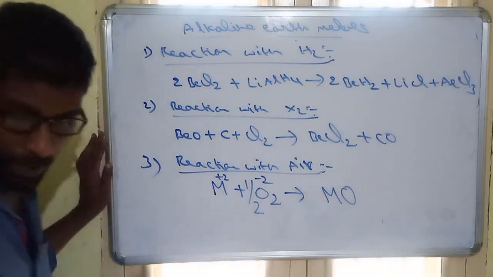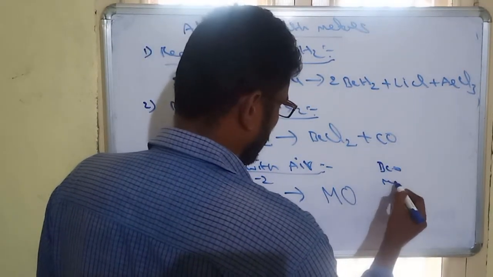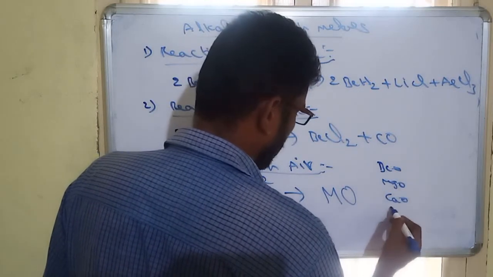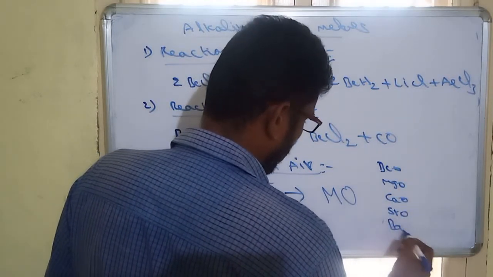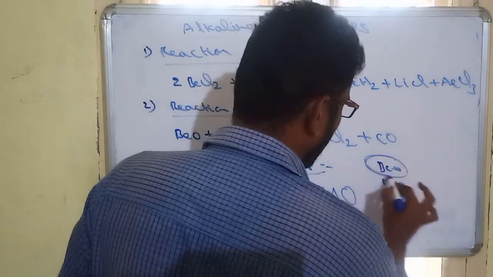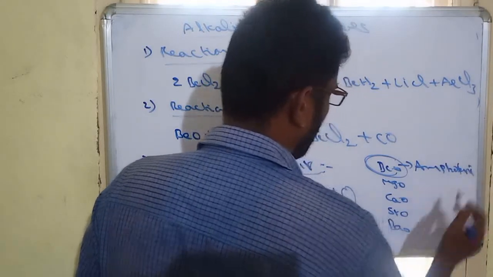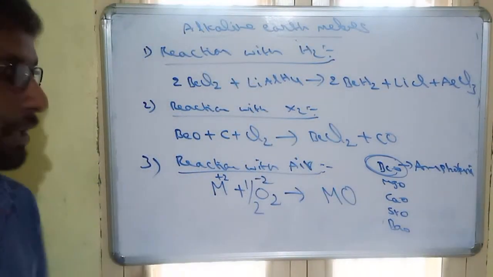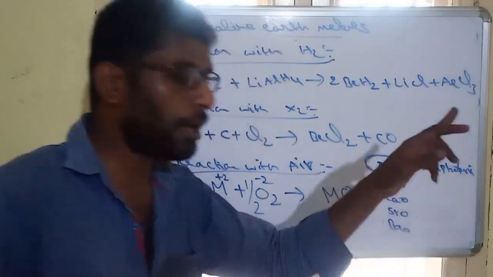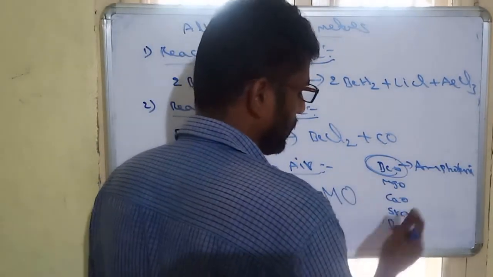So metals combine with oxygen to form MO. Among these metal oxides, we take beryllium oxide, magnesium oxide, calcium oxide, strontium oxide and barium oxide. Beryllium oxide is amphoteric in nature. Remember it: beryllium oxide is amphoteric, whereas the remaining are all basic.